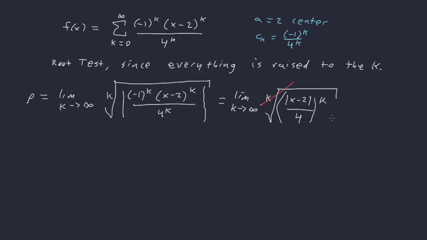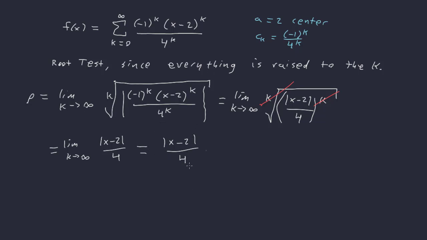All right, so the kth root cancels with the k power, and we get the limit as k goes to infinity of the absolute value of x minus 2 all over 4. Now, notice our k's are gone. So since our k's are gone, this limit is just going to be the absolute value of x minus 2 all over 4.